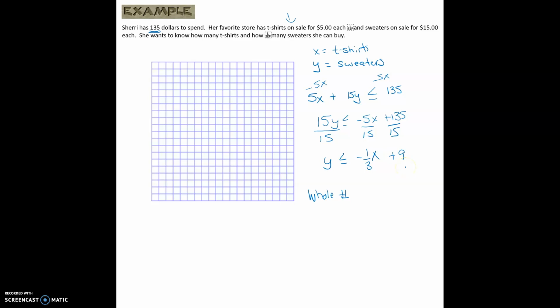My y-intercept is 9 and my slope is negative 1 over 3. So if I make each box represent 1, I'll be able to fit my line on here. Okay, so here's the y-intercept. I'm going to go down 1 over 3. Down 1 over 3.